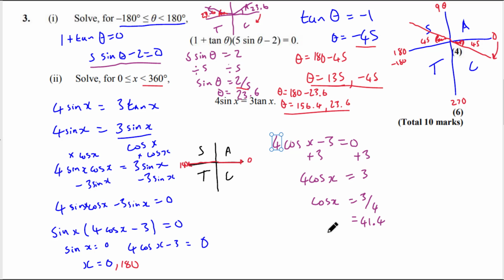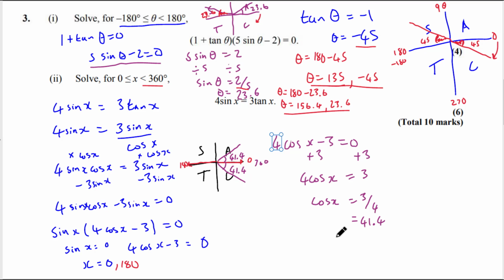Cos is positive. Let's use our cast diagram again. So I'm going to use this. That's 41.4. We must get a 41.4 here. So this point is actually also the 360 point.